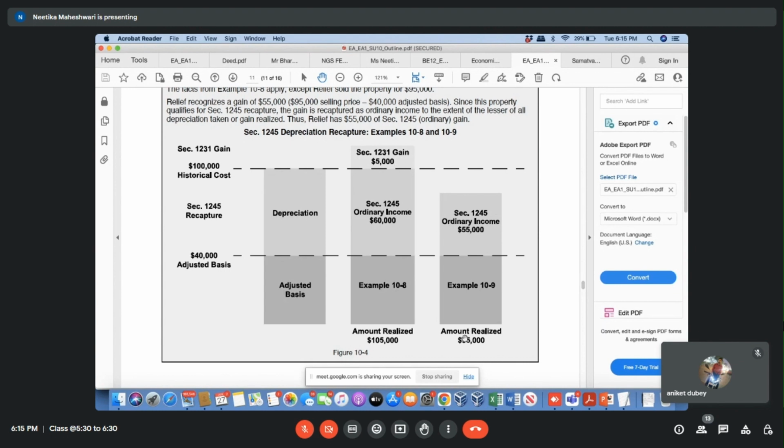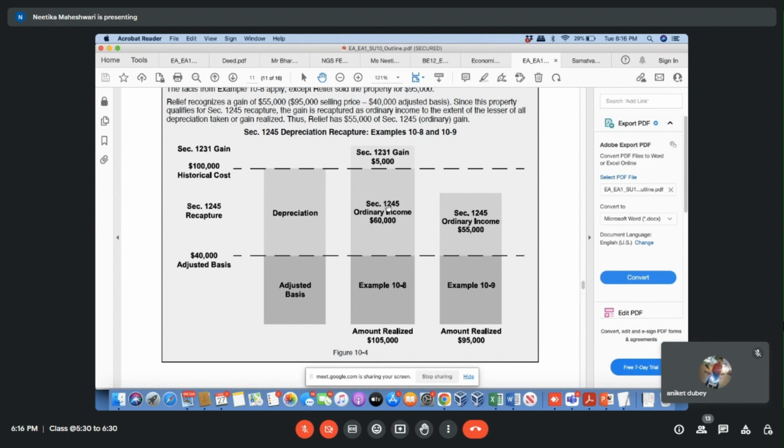Here, the amount realized on the sale of that business property, which is being sold after 1 year, is 95,000. Basis is still the same, 40,000. But the gain is not enough to cover the entire recapture amount, because how much is the gain here? 55,000, right? Here how much was the gain? 65,000.